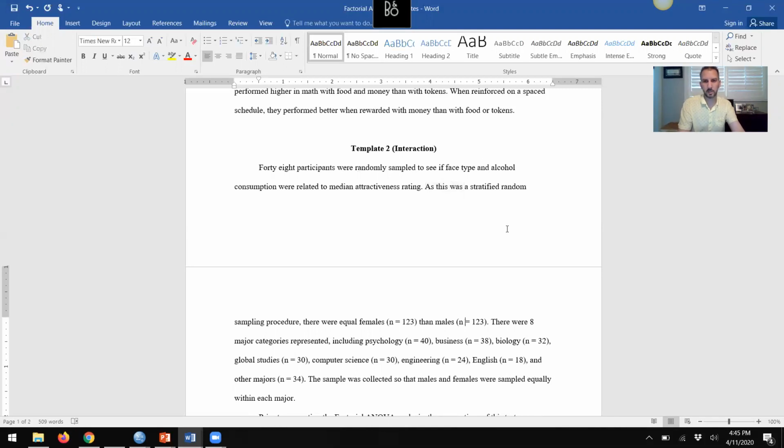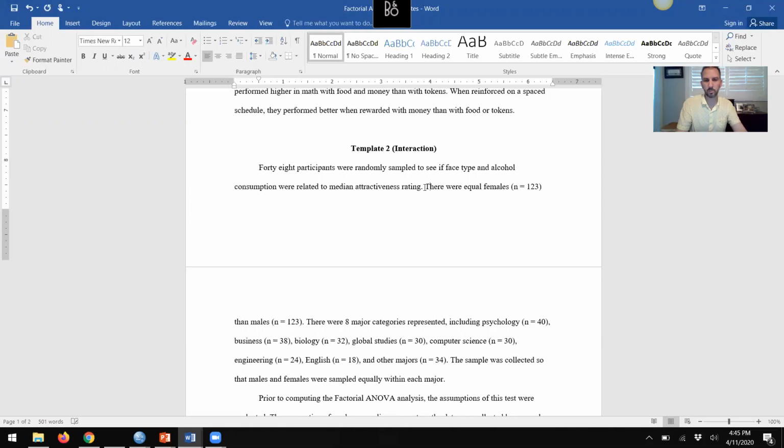As this was a stratified random sampling, we can keep that here. There were, well, we don't have equal. Well, this is not necessarily needed to say here because we actually assigned the phase types and alcohol consumption.